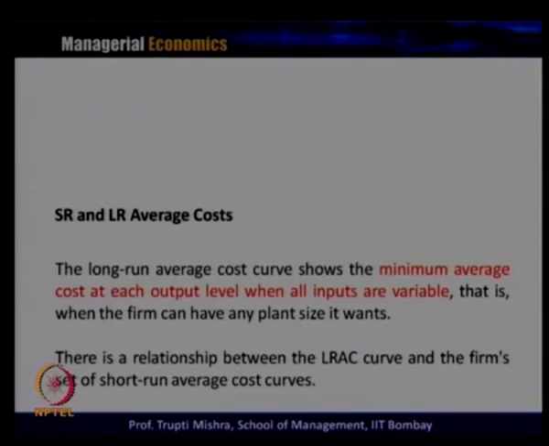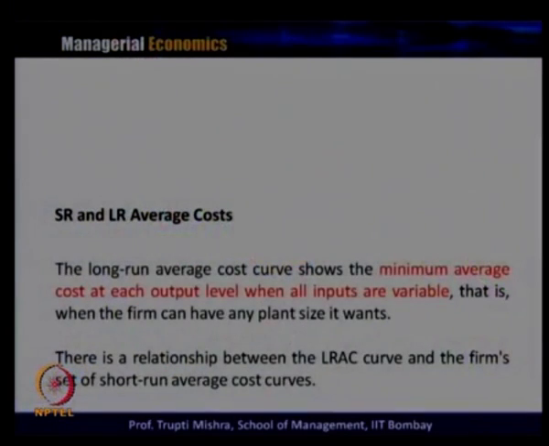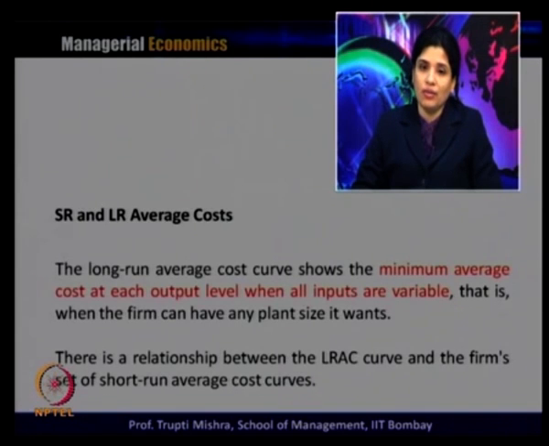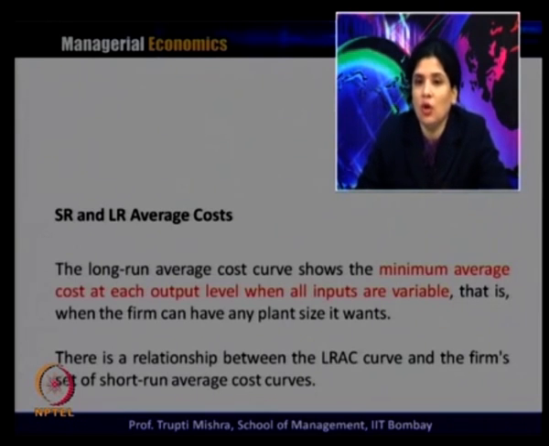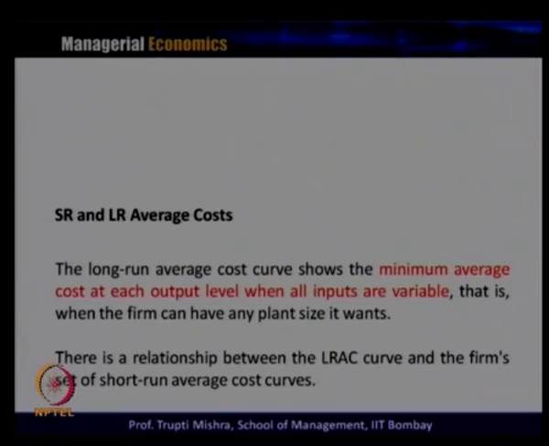Now we will see what is the relationship between the short run and long run average cost curves. The long run average cost curve shows the minimum average cost at each level of output when inputs are variable, that is when a firm can have any plant size it wants. So, there is a relationship between the long run average cost curve and the firm's set of short run average cost curves. The long run average cost curve is the minimum average cost at each output level when inputs are variable.